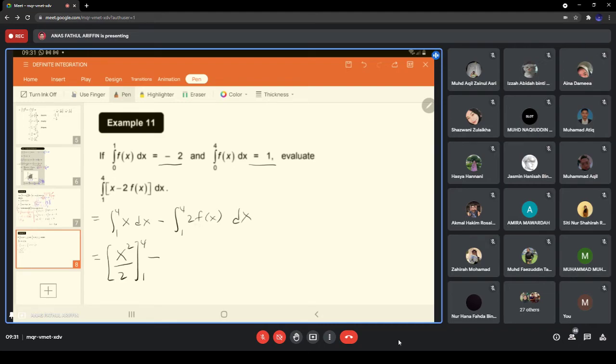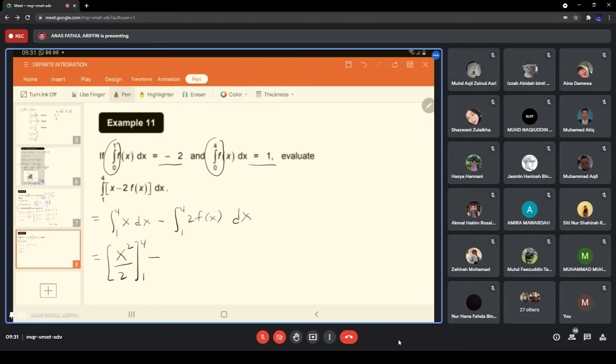And then this one kita tak boleh integrate lagi. Sebab function yang kita ada sekarang ni, kita ada from 0 to 1 and then from 0 to 4. Okay? So kita kena pecahkan dia. So kalau kita tengok sini 0 to 1, kita boleh buat apa?